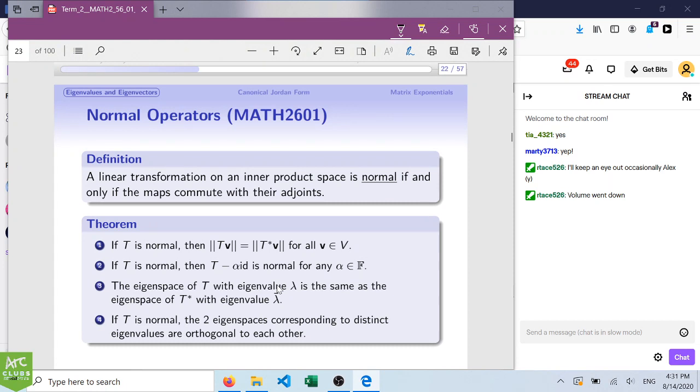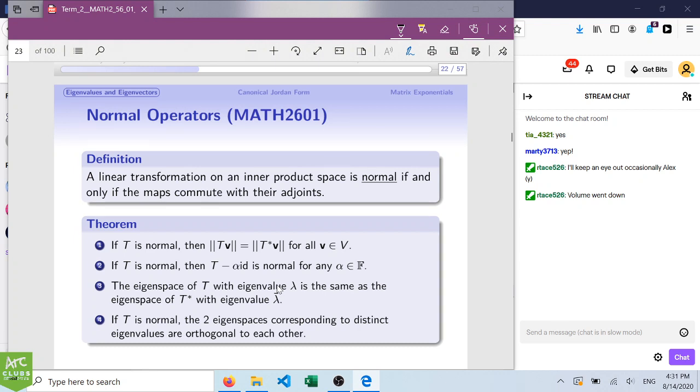Next part, this is an optional topic. Normal operators combine inner products with the adjoint property, and so a linear transformation on an inner product space is normal if and only if the map commutes with the adjoint.